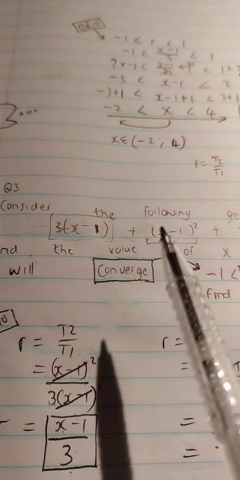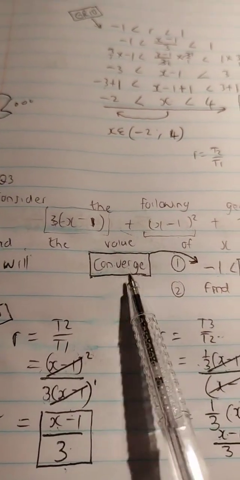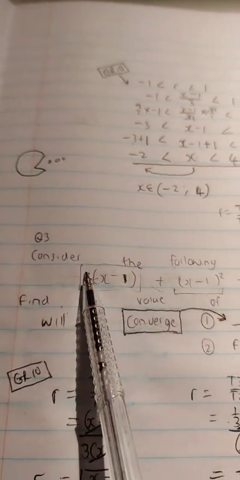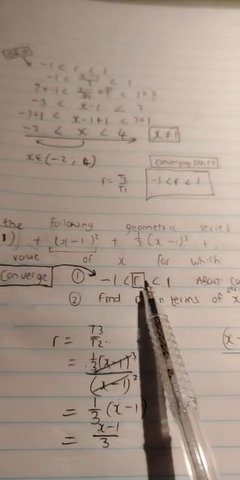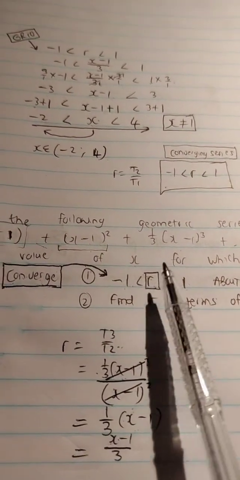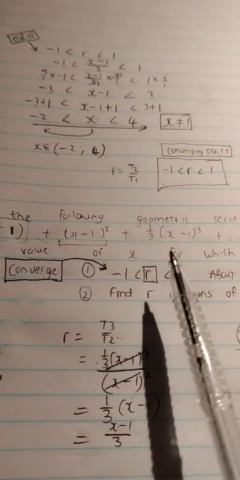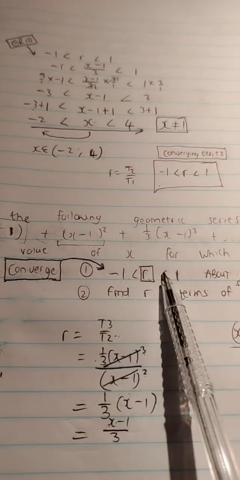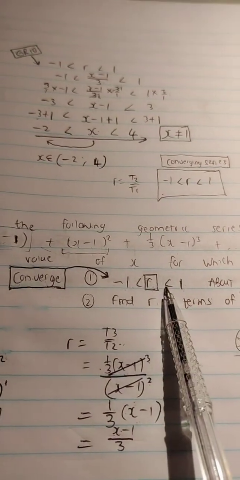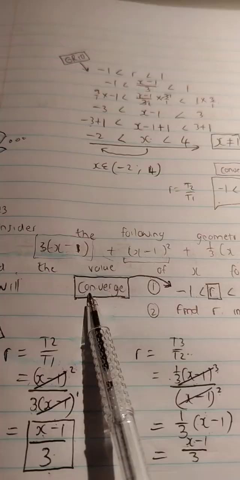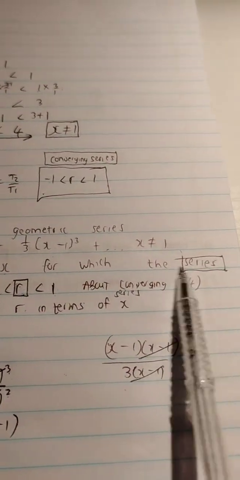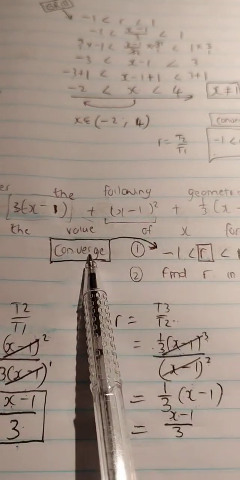I explained that the word converge, for our geometric series, means that your value of r, your common ratio, is greater than -1 but less than 1. That is what we mean when we say a series is converging. They want the values of x for which the series will converge.